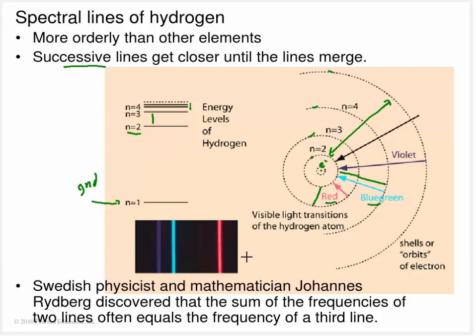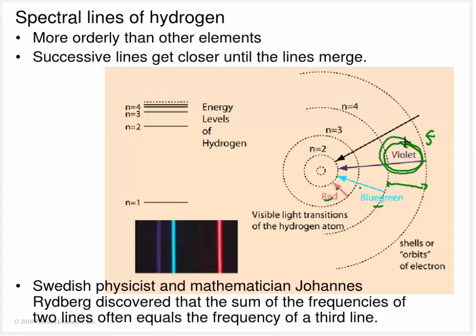Now, a fellow by the name of Johannes Rydberg discovered something. What he discovered was that the sum of the frequencies of two lines equals the third frequency. Think about this violet right over there, that's going to have some frequency. What he discovered is if I have this red and this blue-green, and another one right here, and I add up these three frequencies, I get the same frequency as the violet.